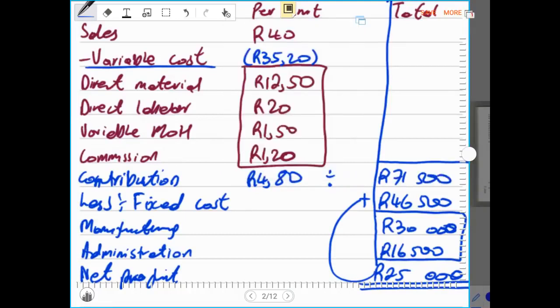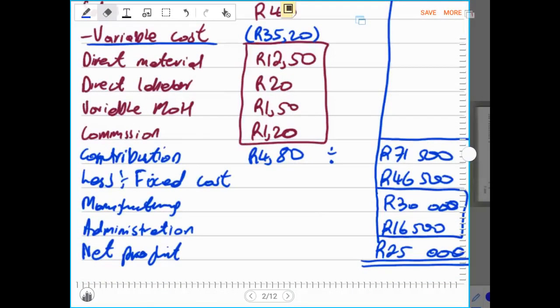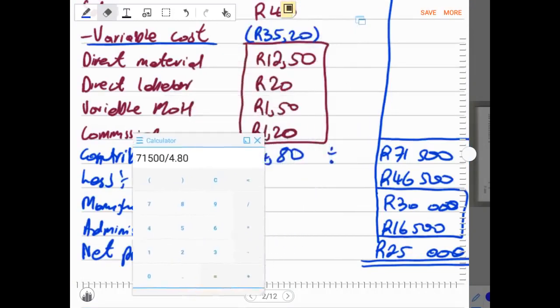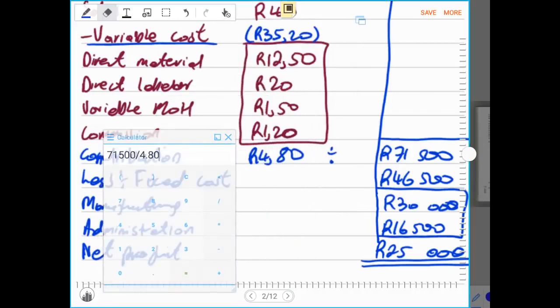So now if this is the contribution, then how many units must the business sell and manufacture in order for them to reach the target profit of the owner? Therefore, it will definitely give us the same number of units, which is 71,500 divided by 4 rand 80 cents. Remember, 4 rand 80 cents is the contribution per unit that we have there.